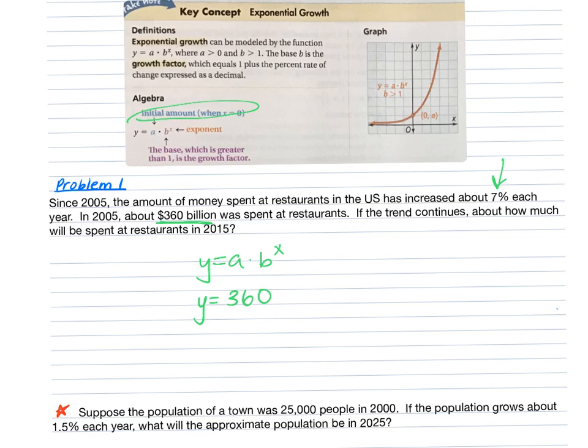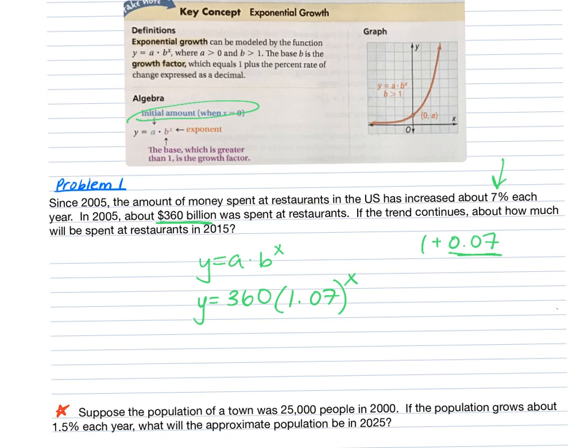So that means if this increases by 7%, you have a 1 plus the percentage. So this is going to grow 1.07 every year. And so x is going to be years.